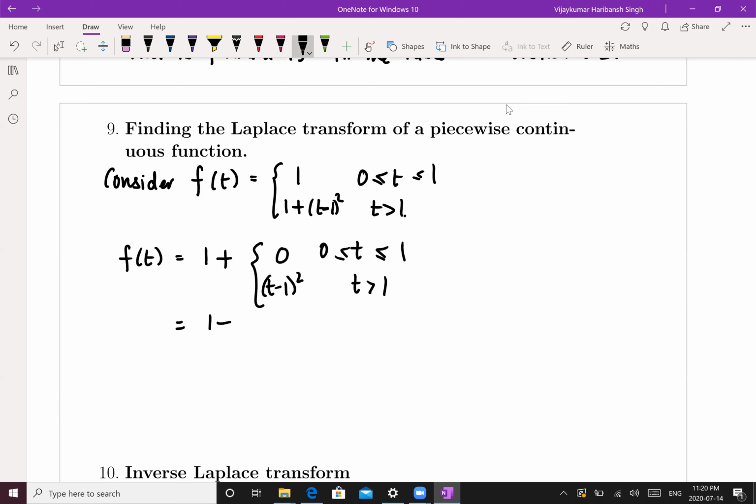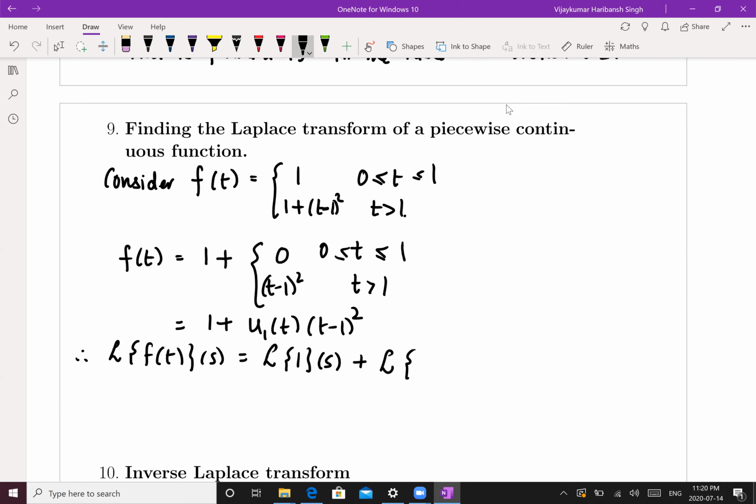So we have u1 of t times (t minus 1) squared. So now we can apply the Laplace transform. Therefore the Laplace transform of f of t evaluated at s is going to be the Laplace transform of 1 plus the Laplace transform of u1 of t times (t minus 1) squared at s.